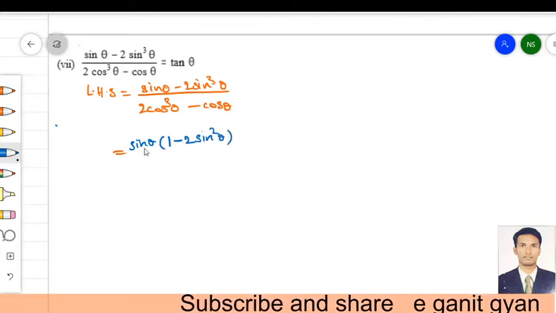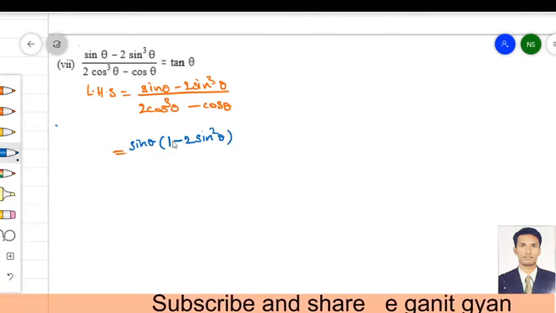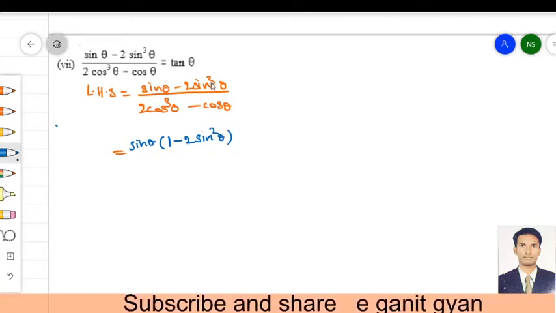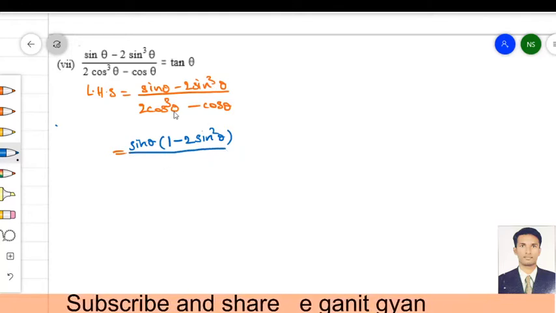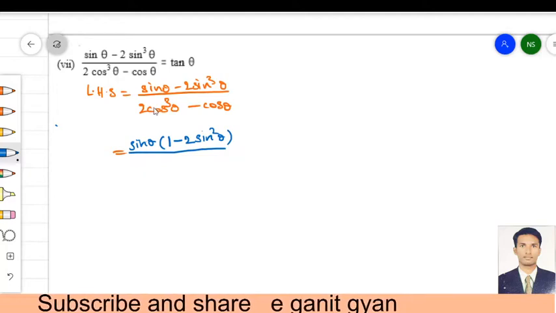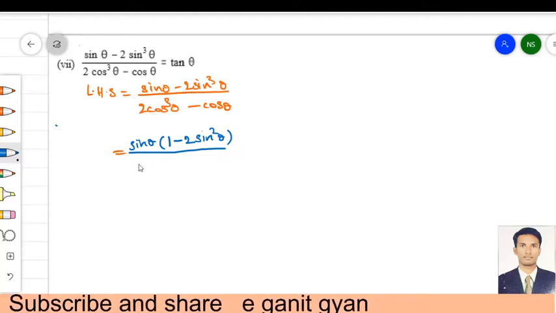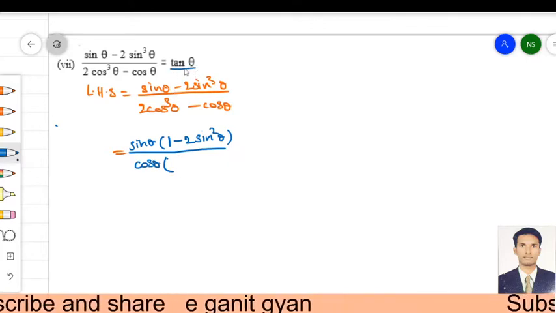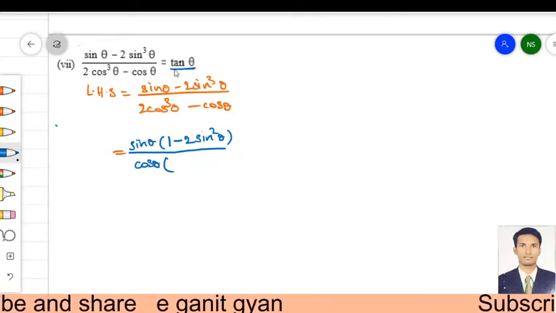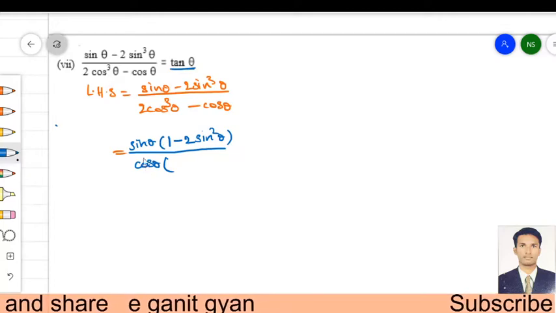Why? Because sin theta into 1 is sin theta, and sin theta into minus 2 sin square theta is minus 2 sin cube theta. Divided by, from the denominator I can take out cos theta, then only I will get this tan theta. Sin theta by cos theta is tan theta, that is why I am taking out cos theta.